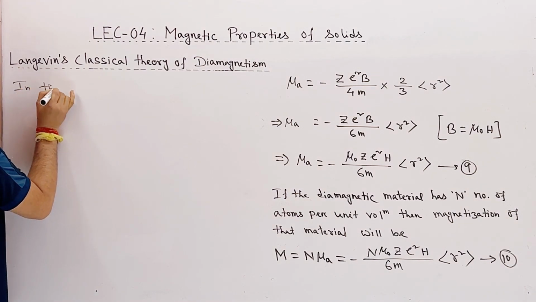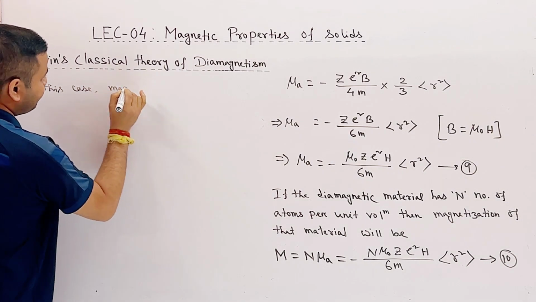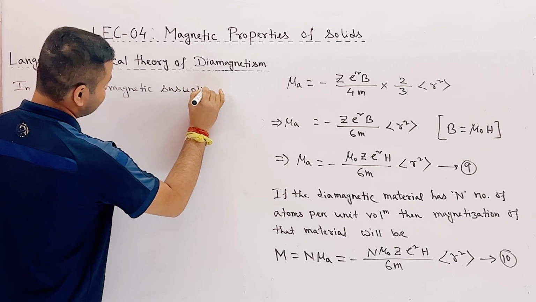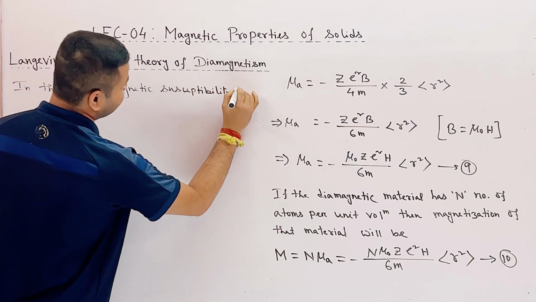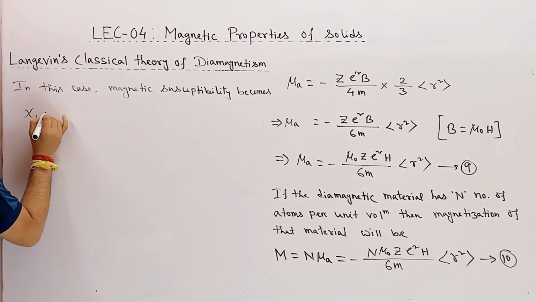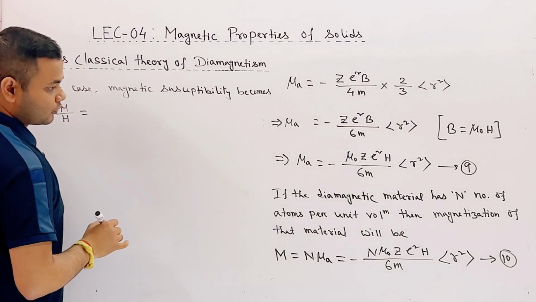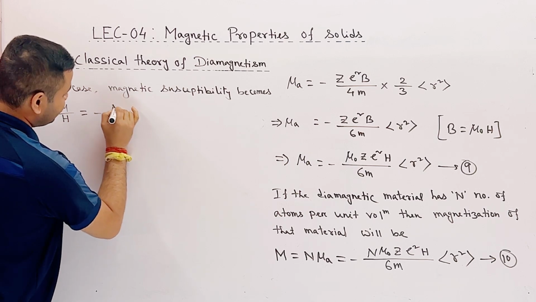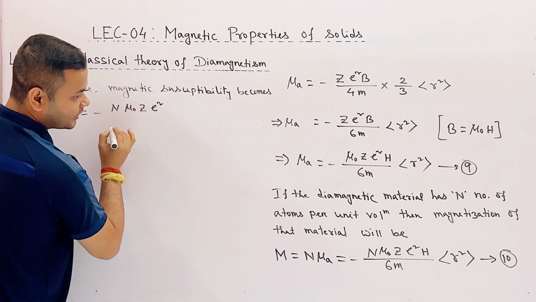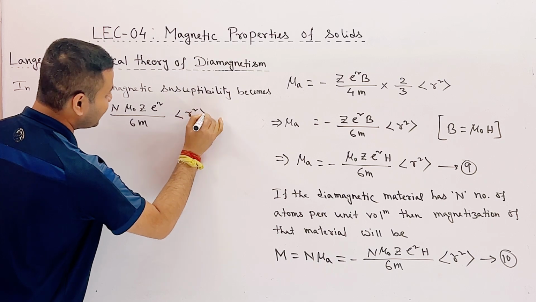In this case, magnetic susceptibility becomes M divided by h, which is equal to minus n into mu naught into Z E square divided by 6m into average value of r square.